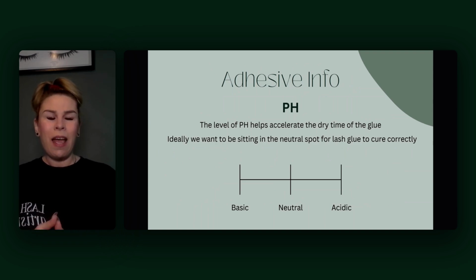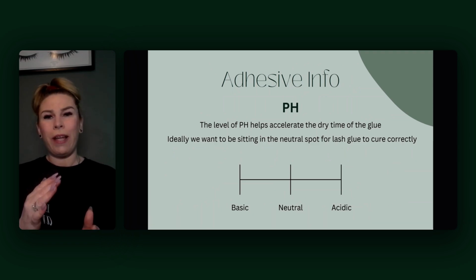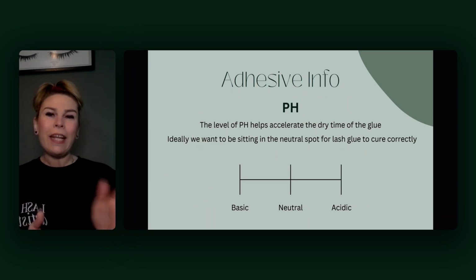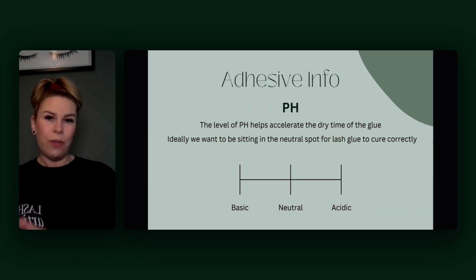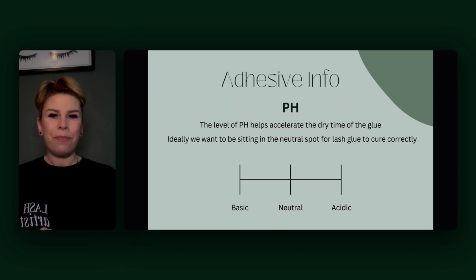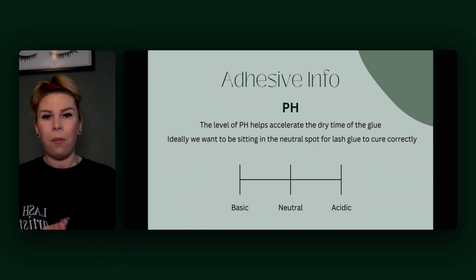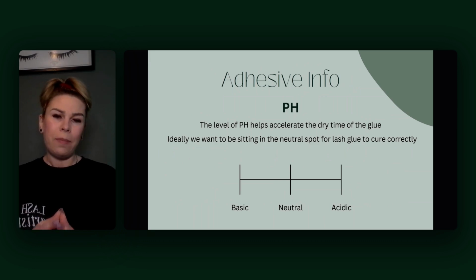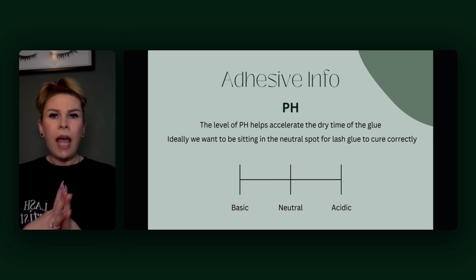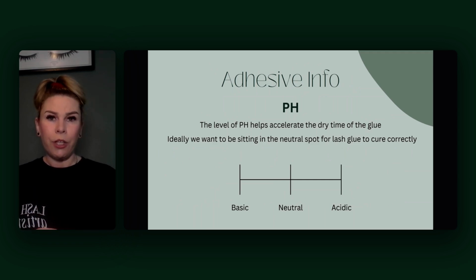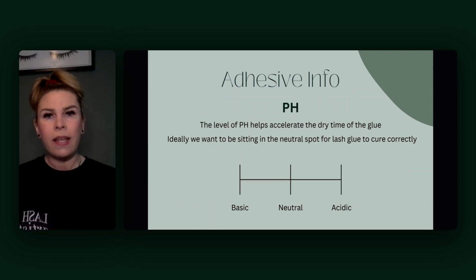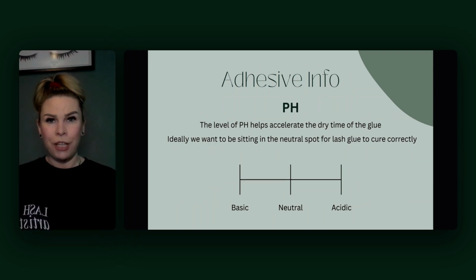And then other times, if the pH is already too high, this will make the glue dry even faster, especially if you're adding more products to the area, causing that shock polymerization, which is what we don't want when it comes to lashing a client. Because as we know, shock polymerization is what happens to the glue when it dries too quickly, and this will cause brittle bases, affecting the retention of the lashes.